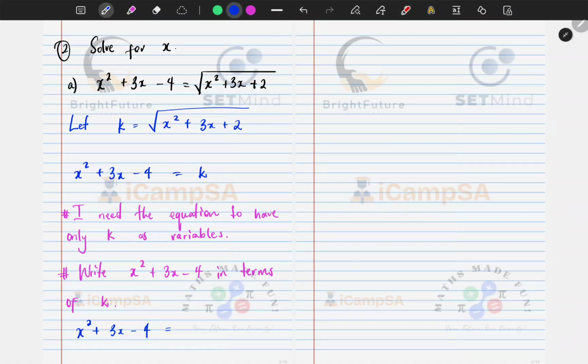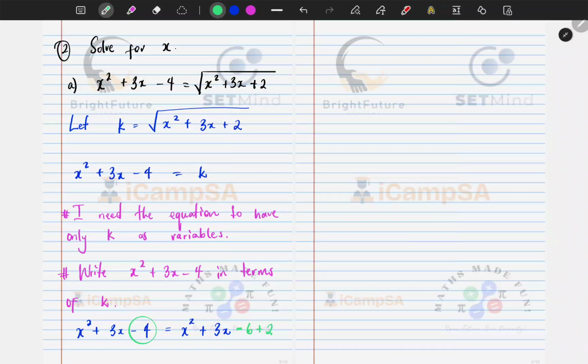So it's going to be x squared plus 3x, and then your negative 4. Your negative 4 can also be written as negative 6 plus 2. It's still the same thing.